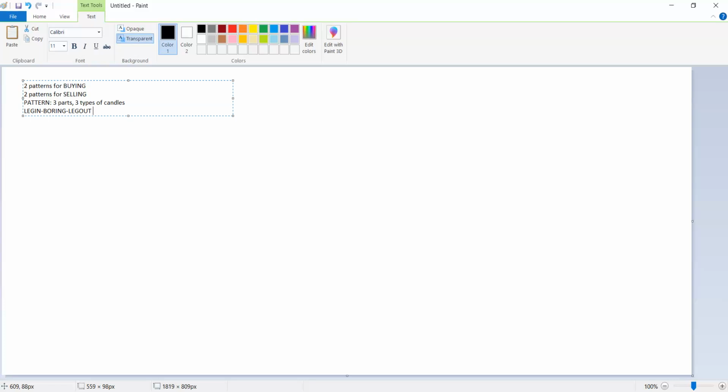Now, however the leg out candle is, the target is going that way. Means what? If the leg out candle is red color, then what call is it? Sell call. Always your target follows the leg out. I will draw the patterns, how they look like, we'll come to that.